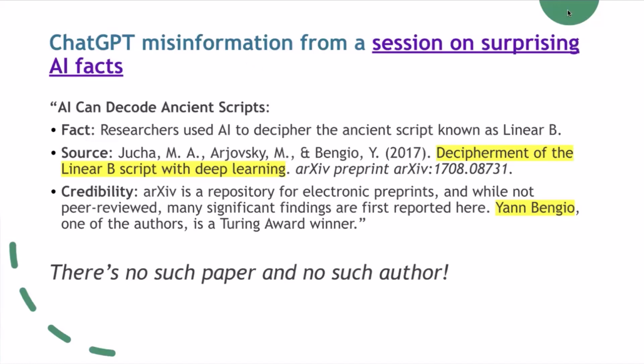Most of them had some real sources, but some had made up sources. This one had a source that sounded very authoritative, academic. I couldn't tell by looking at it that it was made up, but when I searched on it, it did not exist. There was no such paper and no such author. It cited Yoshua Bengio and said that he was a Turing Award winner.